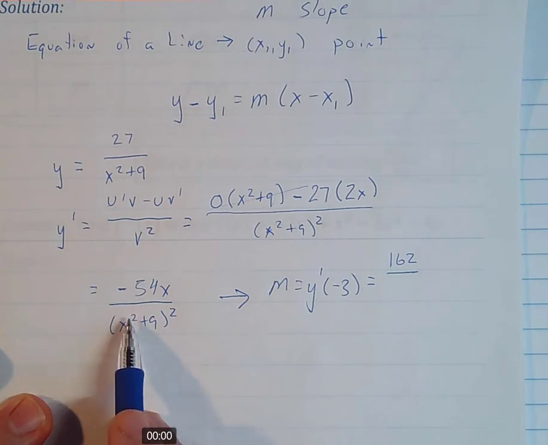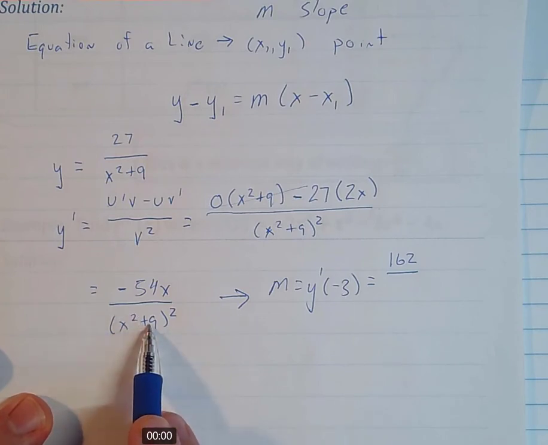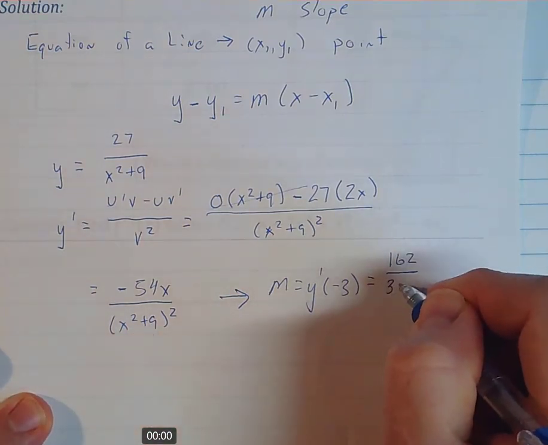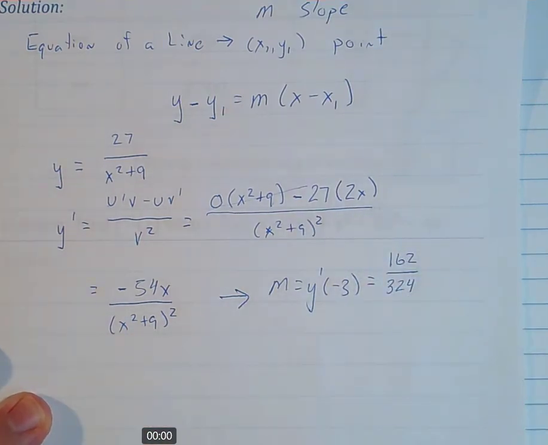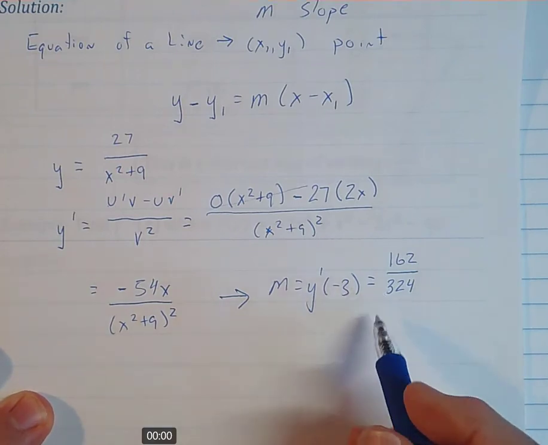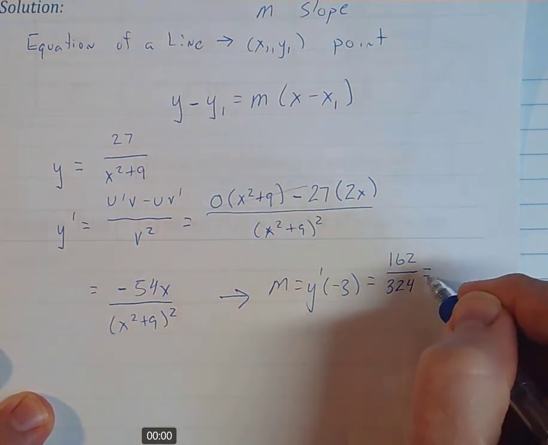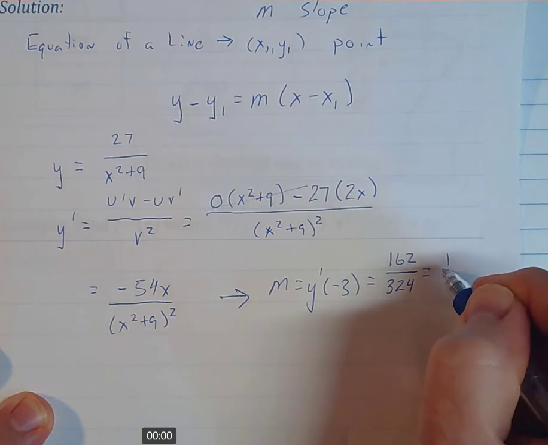Remember, if you're squaring a negative, this turns out positive. So -3 squared is 9. Add 9 to that, you get 18. Square 18, I think that's 324. And 162 over 324, that's just 1/2.